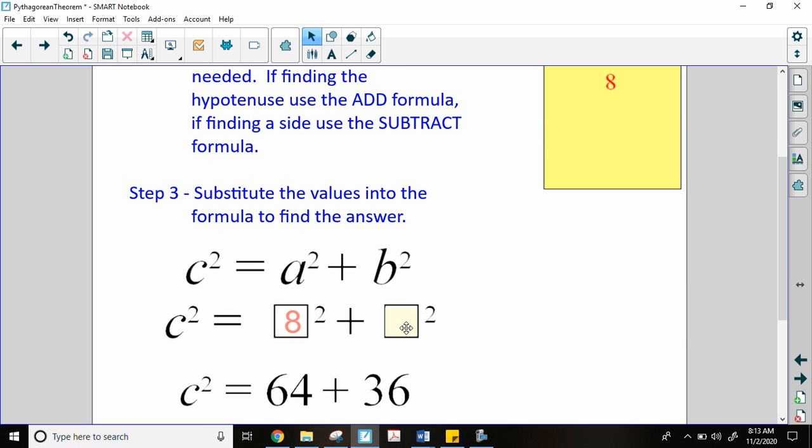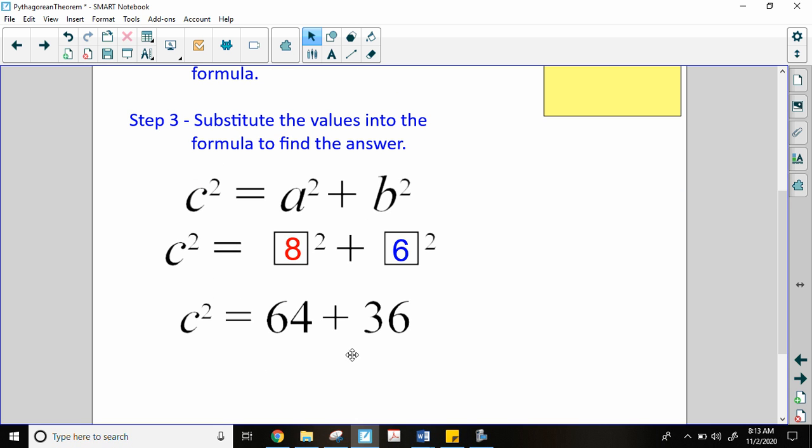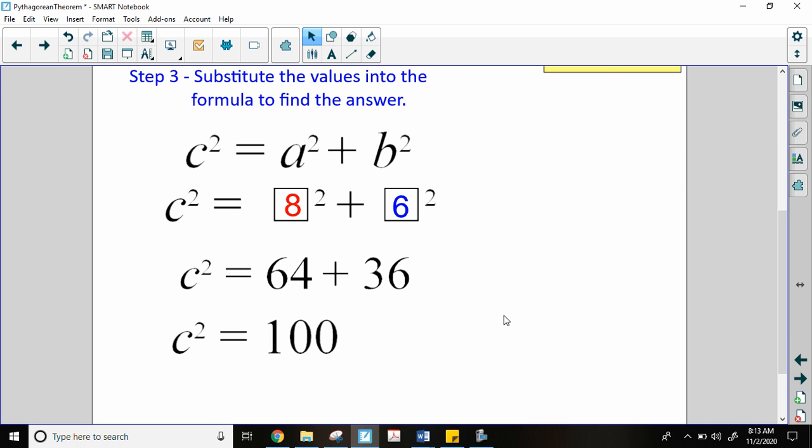So that's 8 squared and 6 squared. When we do that math on a calculator, 8 times 8 gives us 64, 6 times 6 gives us 36. We add those two together, and then we have to get C by itself.